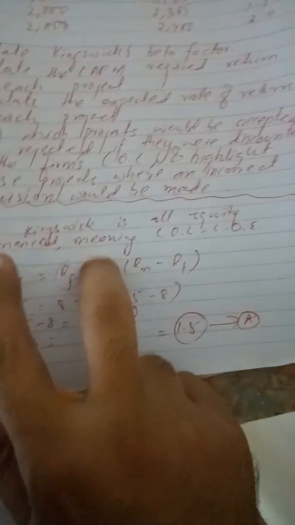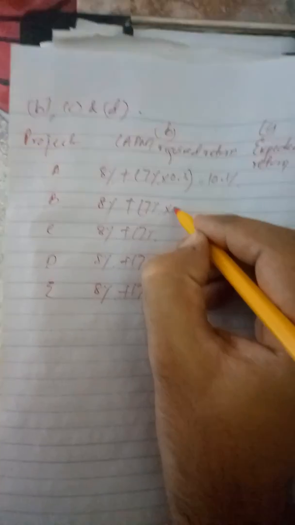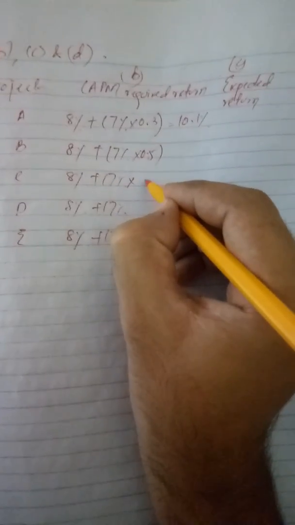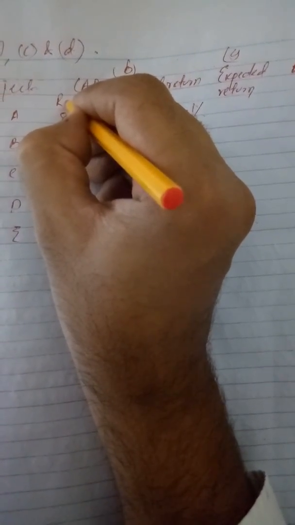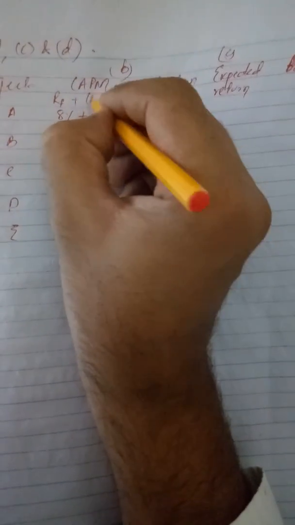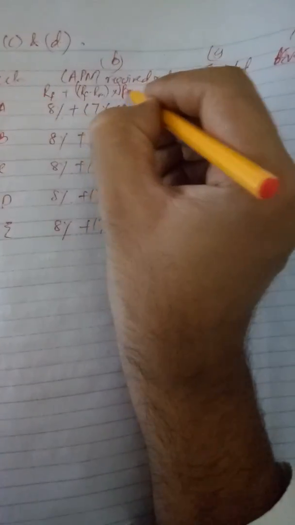That was calculated as Kingswick's beta factor, and now we're going to calculate project by project, so we put in the individual values, like 0.5. This is how you show it: the risk-free rate plus RM minus RF, multiplied by the beta factor.